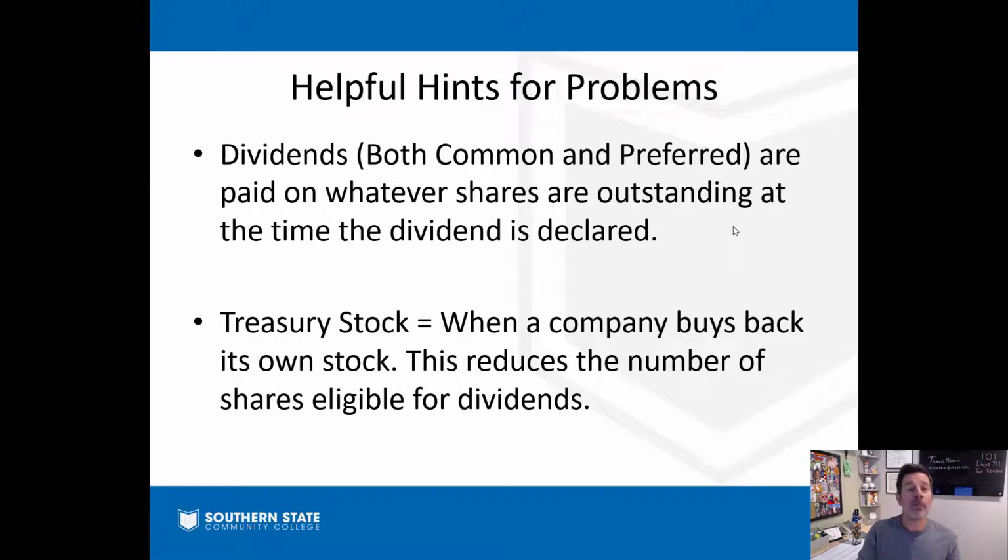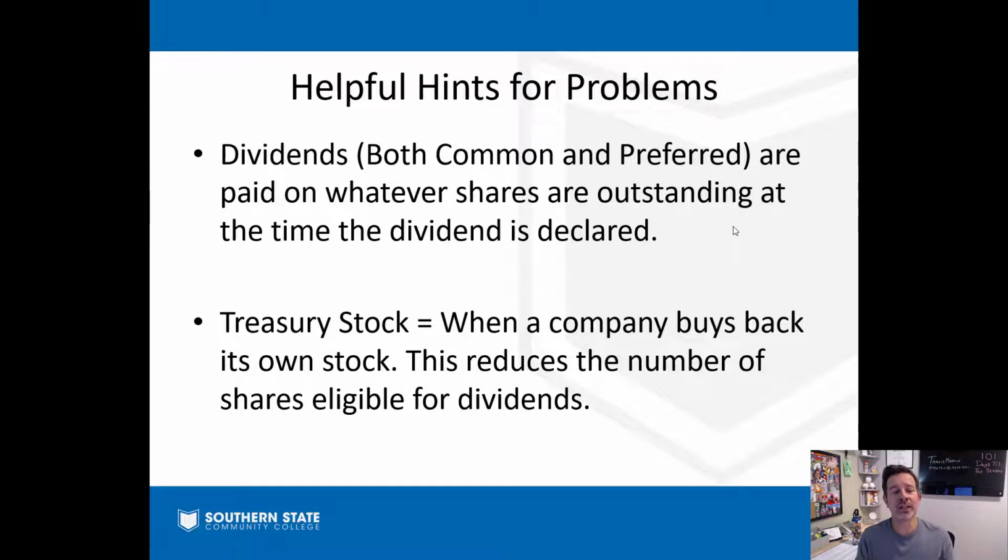A couple more helpful hints for your problems. Dividends, whether we're talking about dividends on common stock or preferred stock, are paid on whatever shares are outstanding at the time the dividend is declared. So if we had 1,000 shares of stock and we issued 500 more, 1,500 total, and then declared a dividend, that dividend would be paid on the 1,500 shares.